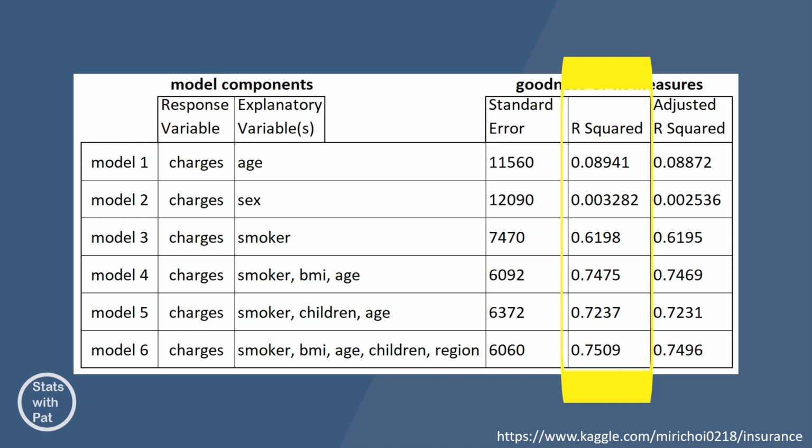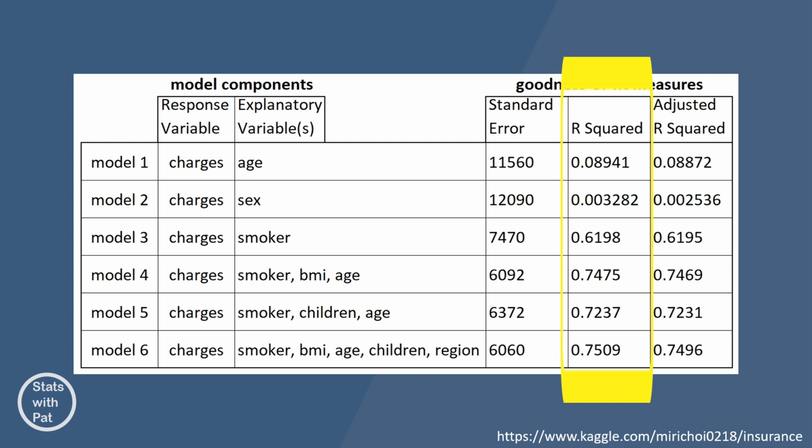Now, it is still a relative statistic because if you're trying to predict a response variable that is very challenging to predict, then something like a 0.25 R squared may be pretty good. If you found a combination of explanatory variables that can predict 25% of the response variable data, that's pretty good.